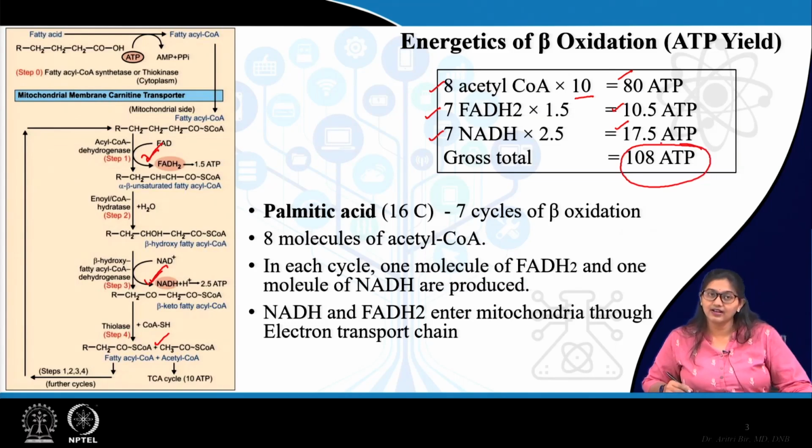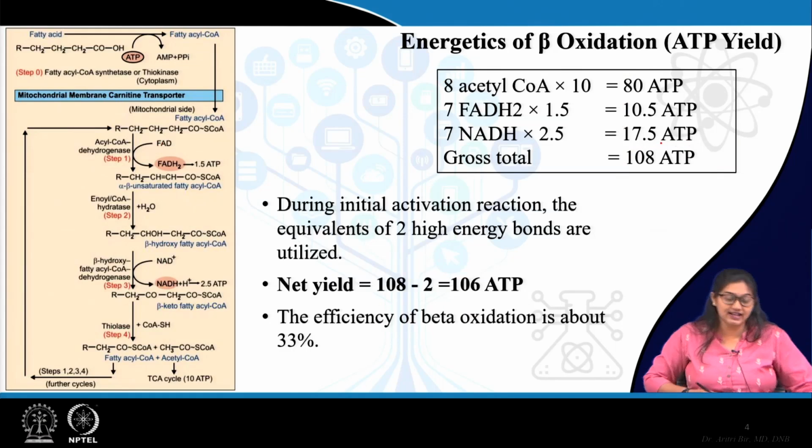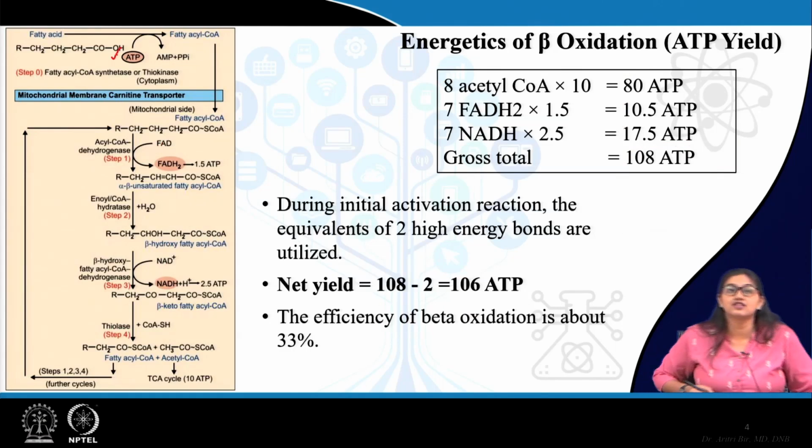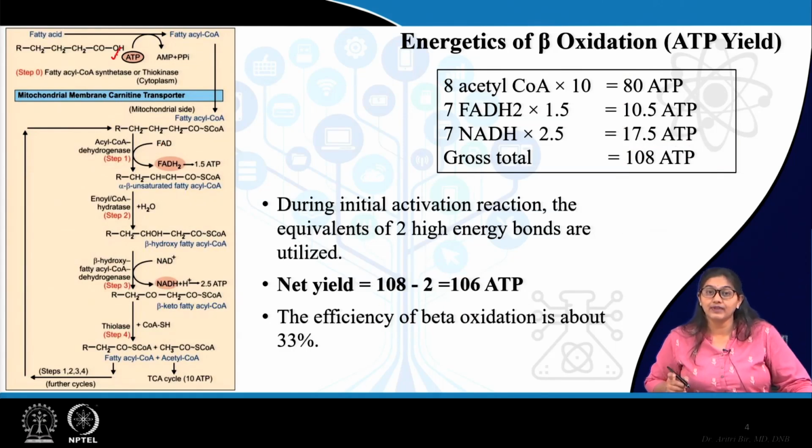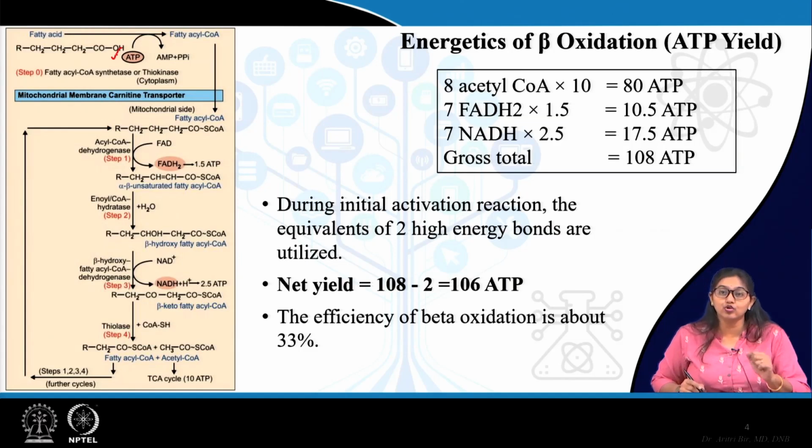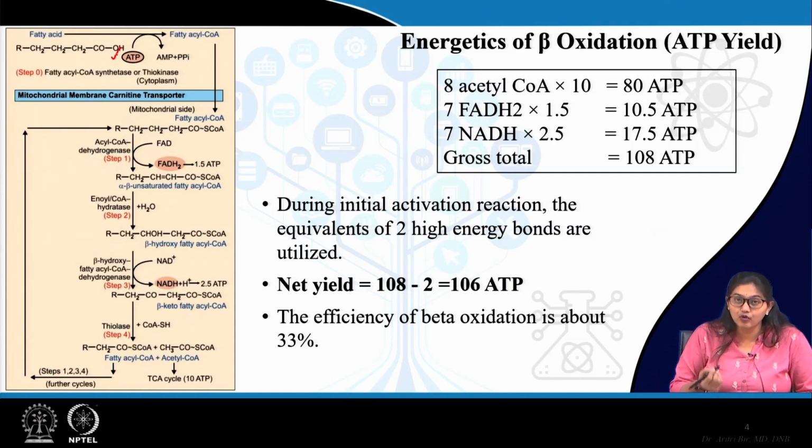But remember, for activation of fatty acid 1 ATP molecule was utilized and 2 high energy phosphate bonds were broken. So, basically we will consider the breakdown of 2 ATPs. So, finally, the net production is 108 minus 2, that is 106 ATPs.